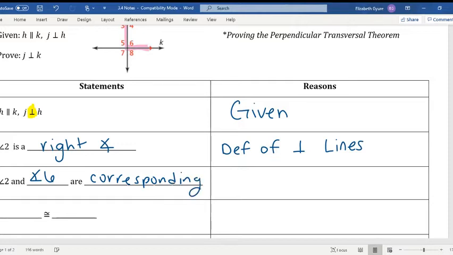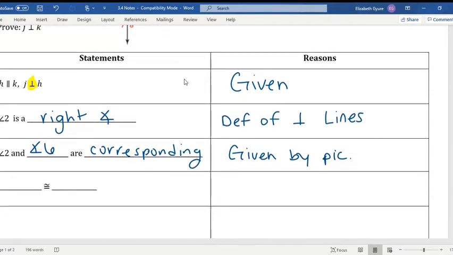How do we know that? What did we look at? We looked at the picture. So that is given by the picture. All right. Now it wants me to say that two things are congruent. Use your context clues. What are the only two things we've even mentioned in this proof yet that we could say were congruent?